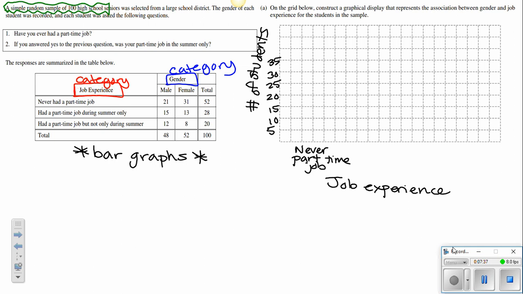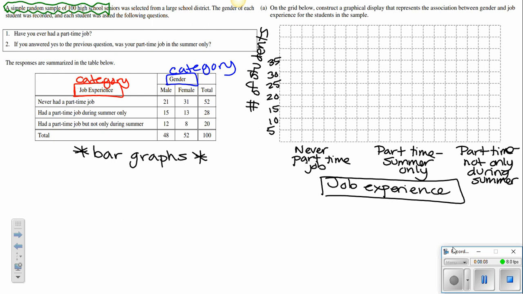Second category could be part-time, and this would be summer only. And then the final one is going to be part-time, and that will be not only during summer.